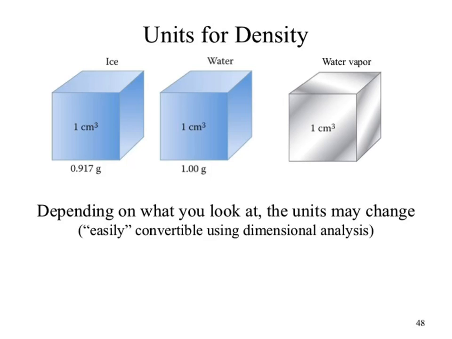Not a lot, but it did increase. What happens when we move from a liquid to a gas? It increases a lot to the point where they don't contact each other. Which means I can't pack as many objects into that volume to be a gas as I could for any of the others. Which means what is going to happen? Less particles means less mass. And so my density is now going to go way down.